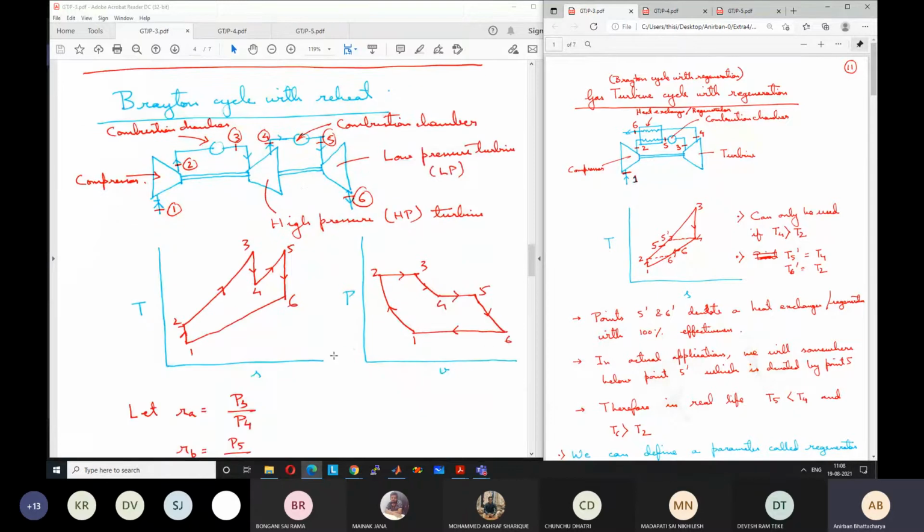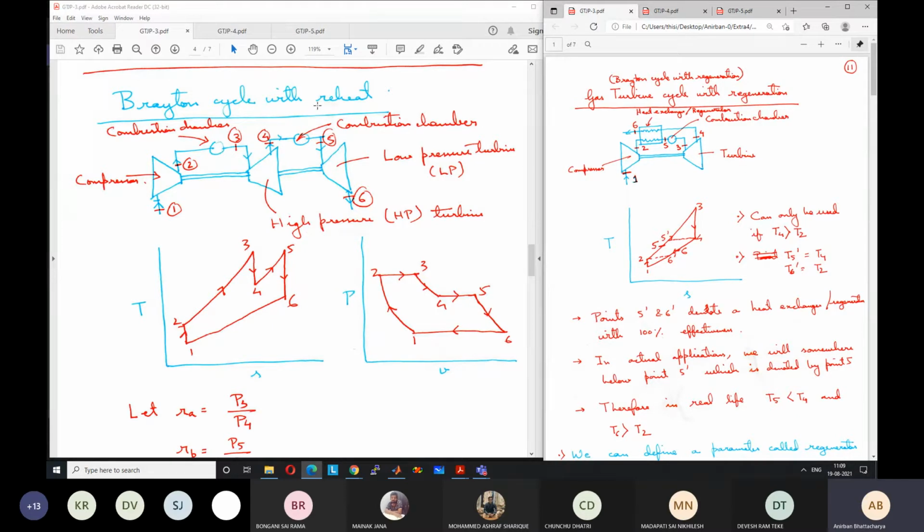Next, we have started discussing another modification, which is known as reheating. So, the Brayton cycle with reheat. Unlike the regenerative cycle, the role of reheat is different. The role of reheat is not to increase the efficiency, but to increase the net work output from the cycle.